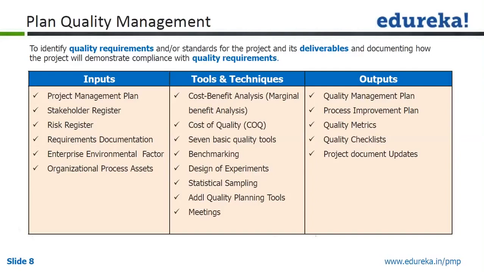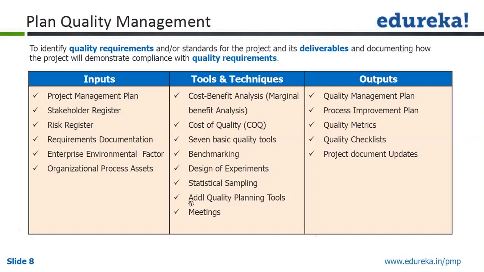Much about it. So it creates a quality management plan. The quality management plan is a component of the project management plan. All plans are usually part of your project management plan, and so is the quality management plan. It consists of how the organizational quality policies will be implemented.